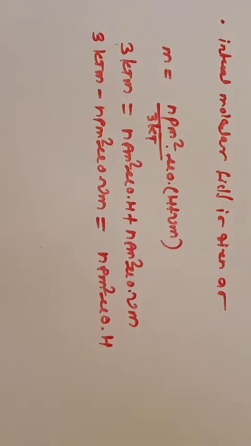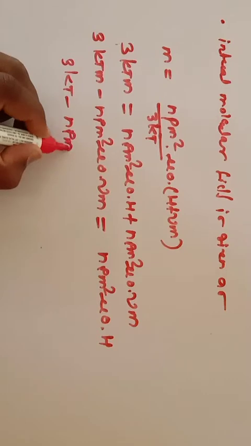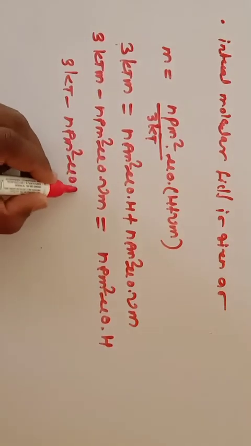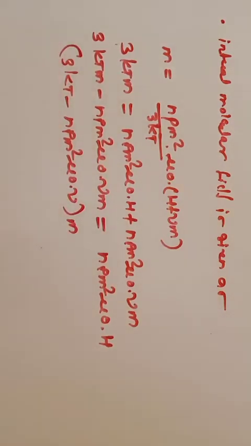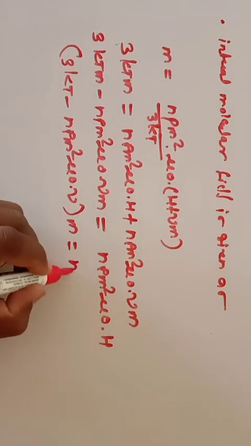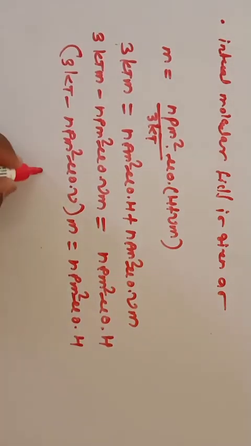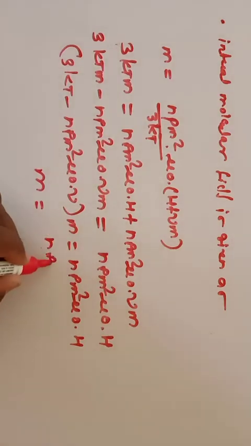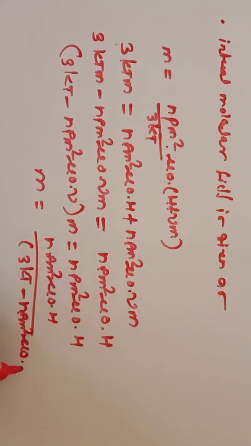From this equation we take M as common. So we get M times 3kT minus N Pm square mu 0 gamma, which is equal to N Pm square mu 0 H. From this we can write M, which is equal to N Pm square mu 0 H upon 3kT minus N Pm square mu 0 gamma.